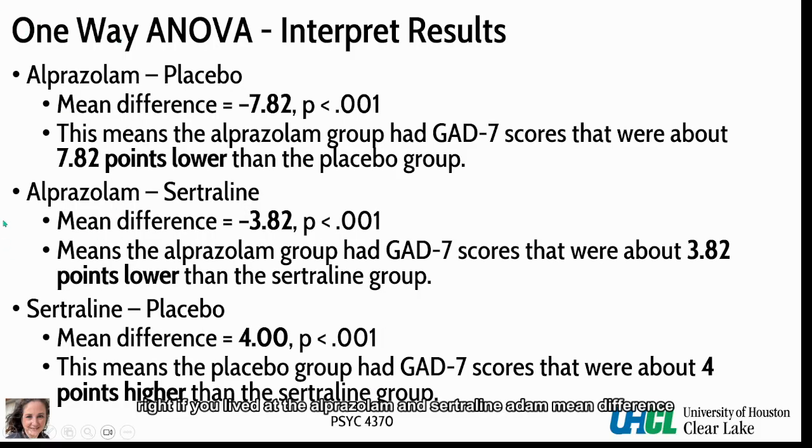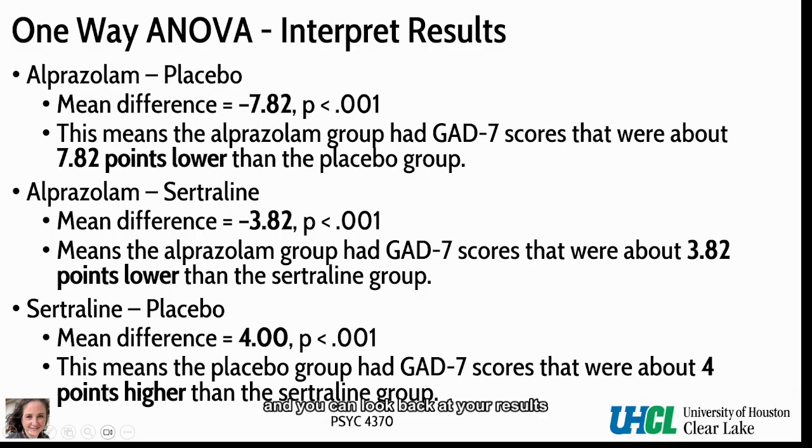All right, if you look at alprazolam and sertraline, they had a mean difference of 3.82. P is less than 0.001. That was also marked as significant. So that means that the alprazolam group had GAD-7 scores that were about 3.82 points lower than the sertraline group.